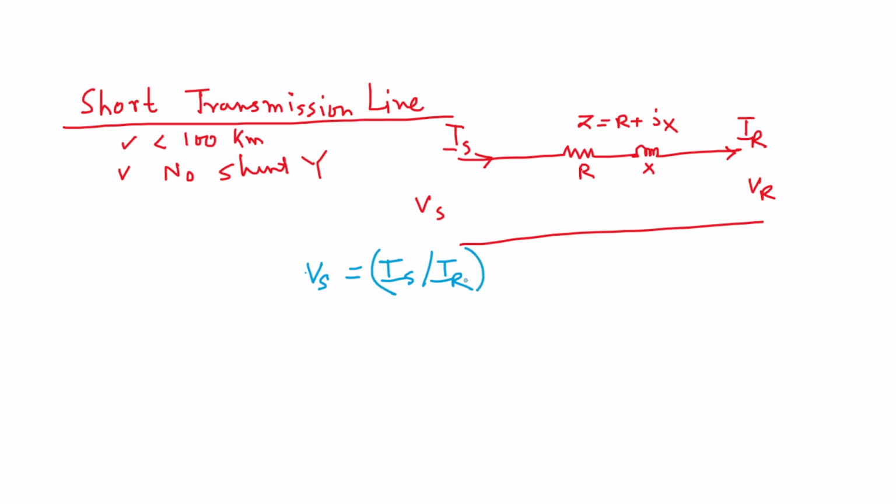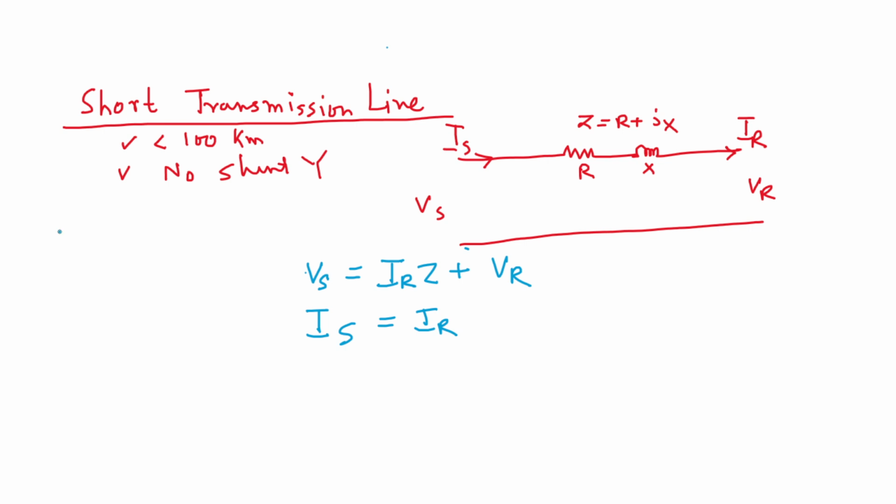Let me write Ir. Vs is equal to Ir into Z plus Vr, and also we can write Is is equal to Ir.